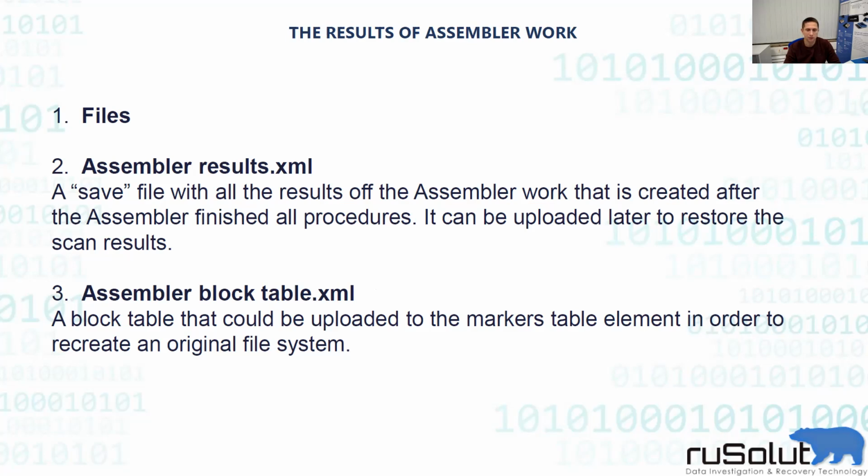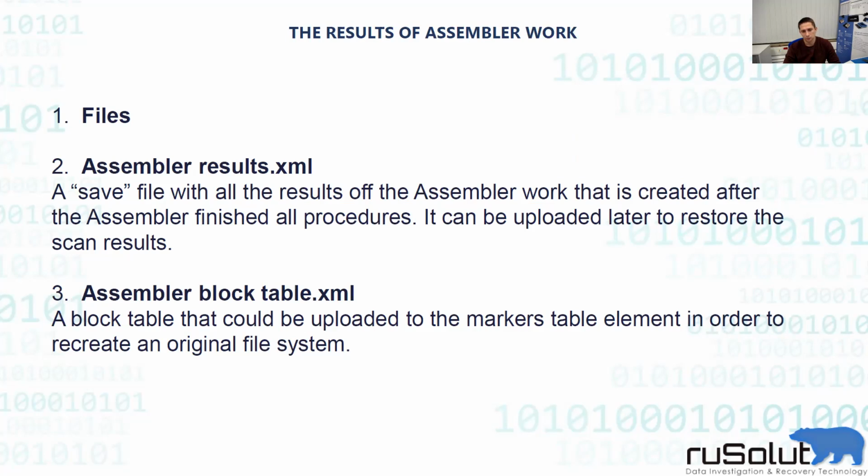It's like a save file, which you can later upload into the assembler and get the same results as you got after the scan finished. So for example, you run the scan, it may take a while, then you have to reboot or close the task. You can open the task and upload those scan results and proceed to save files.